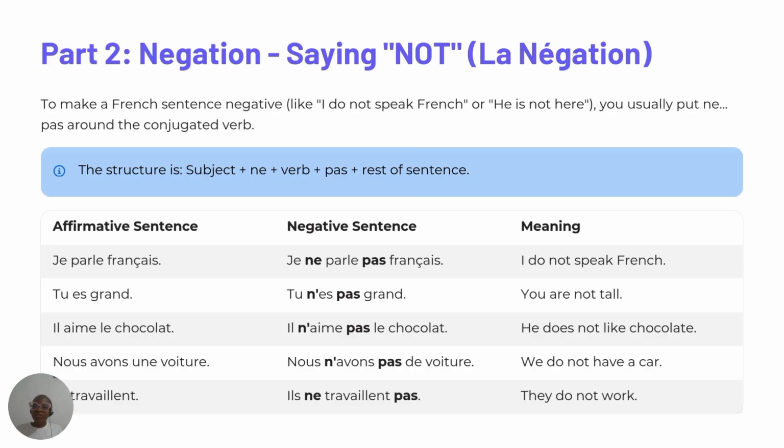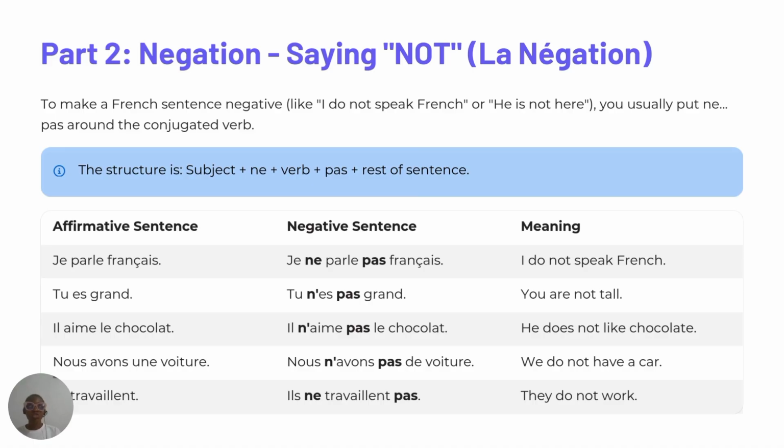So it changes from I speak French to I do not speak French. In English, the do not, they are together. But in French, the do nots are not together. So if we should literally explain it, it will mean that we are saying I do speak not French. Let's put it that way. But it actually means I do not speak French.